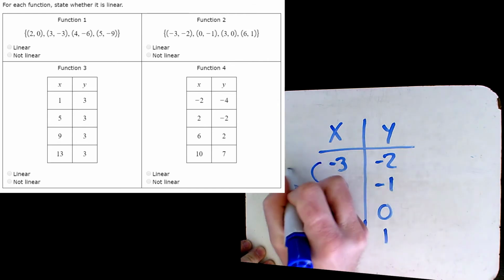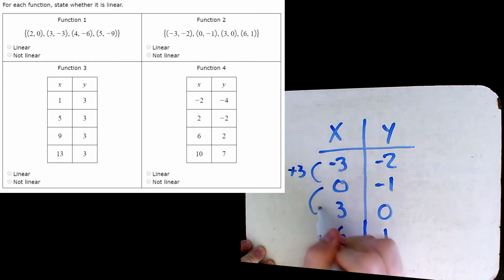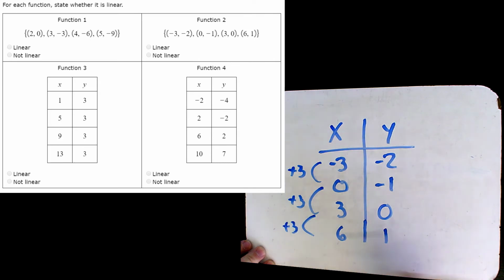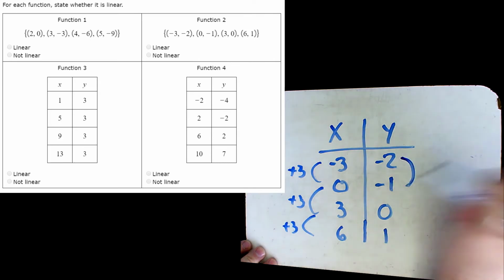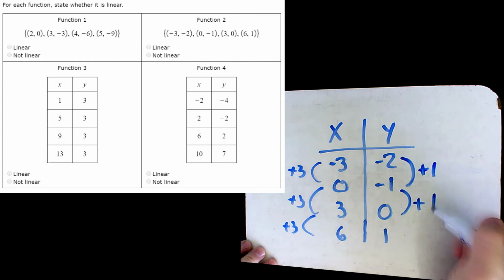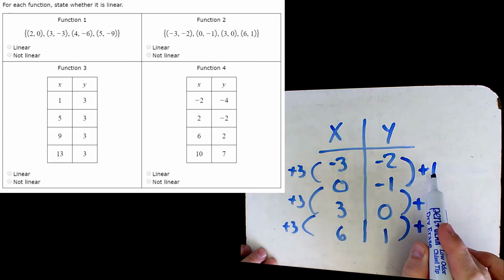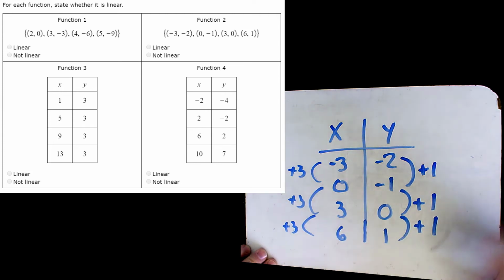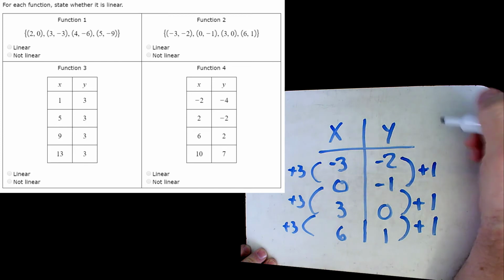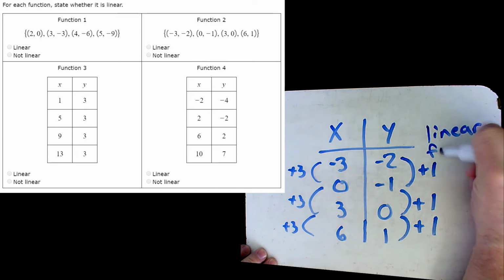I'm going up by 3 and up by 3 and adding 3 on that one. This one, it looks like I'm adding 1, adding 1, and adding 1. So every time this one increases by 3, this one increases by 1. So yes, since the rate of change is constant, we've got a linear function.